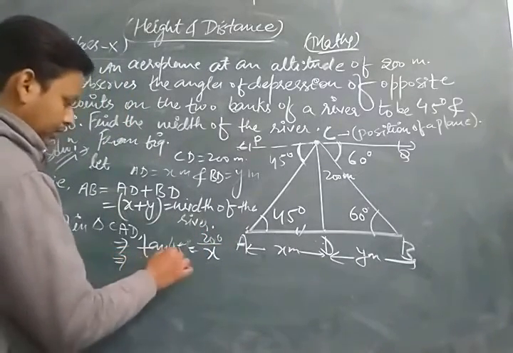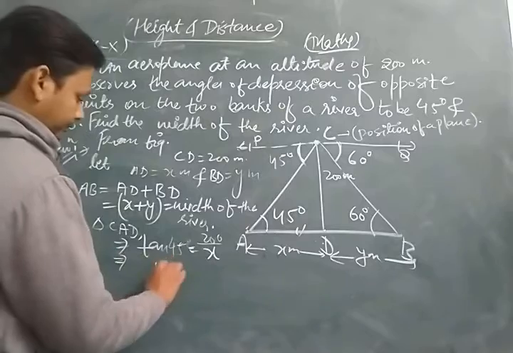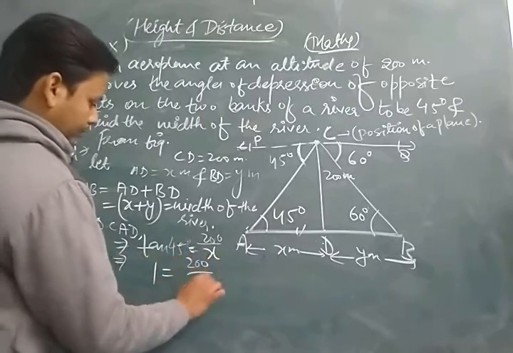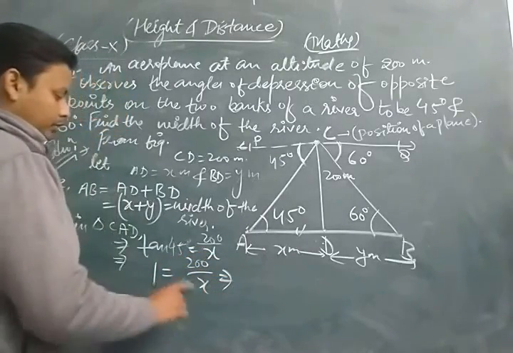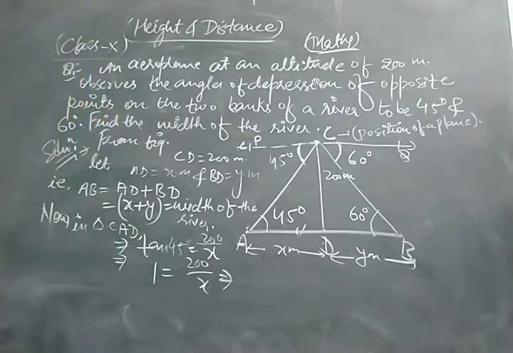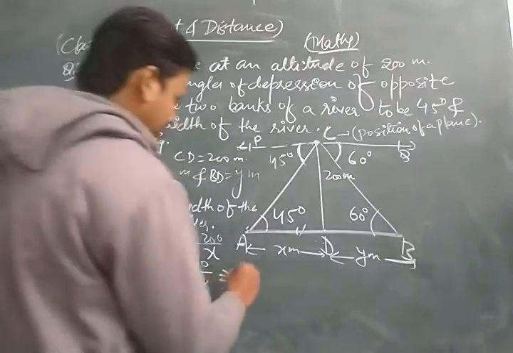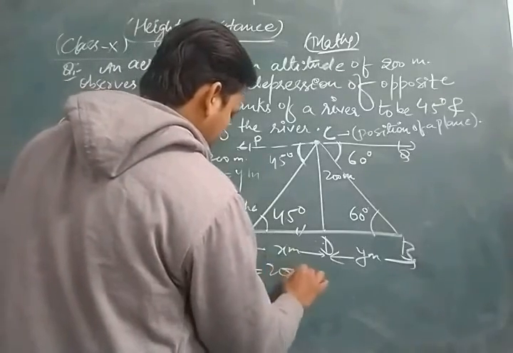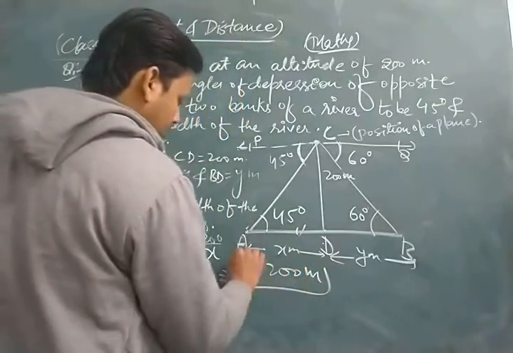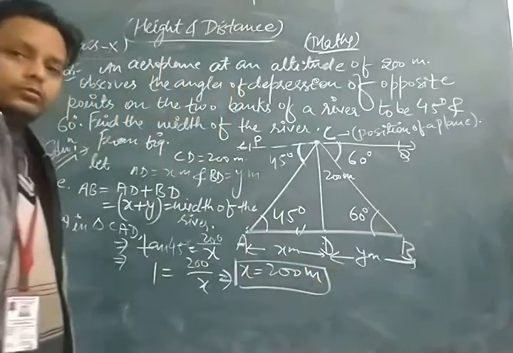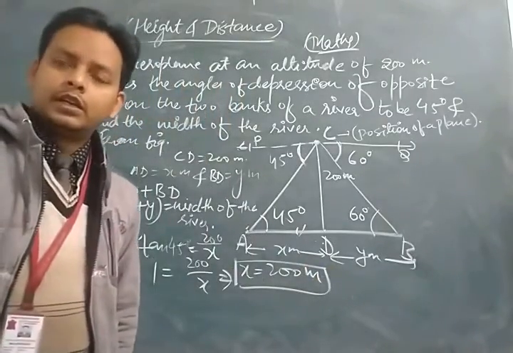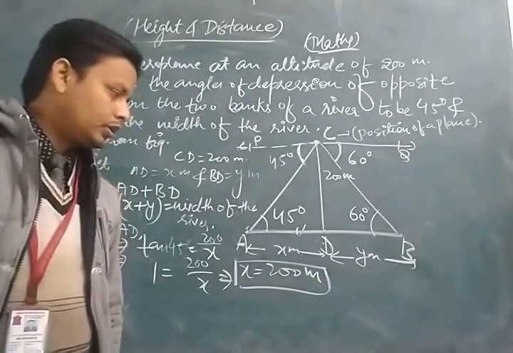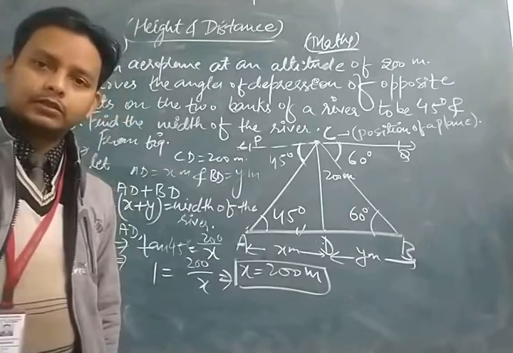The value of tan 45 is 1. Now we do cross multiplication, dear students, so x is equal to 200. Now, x is equal to 200 meters.